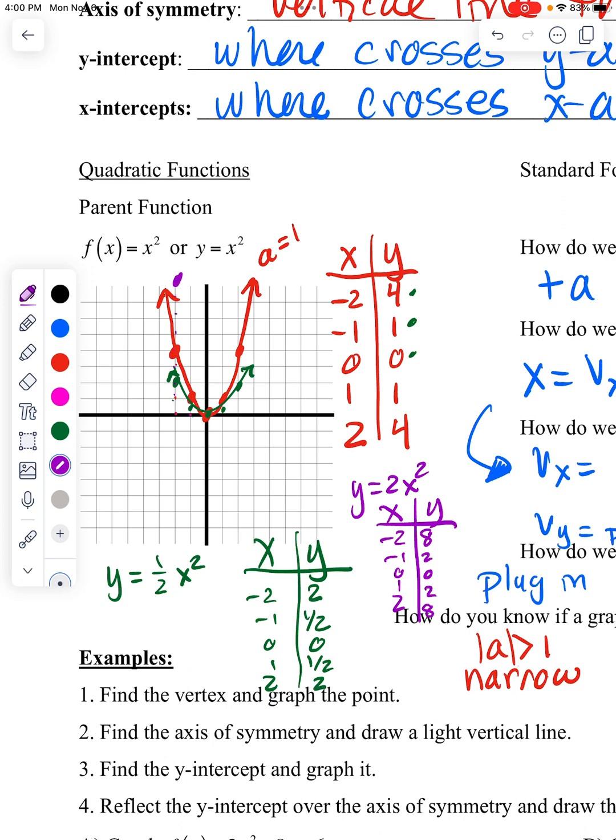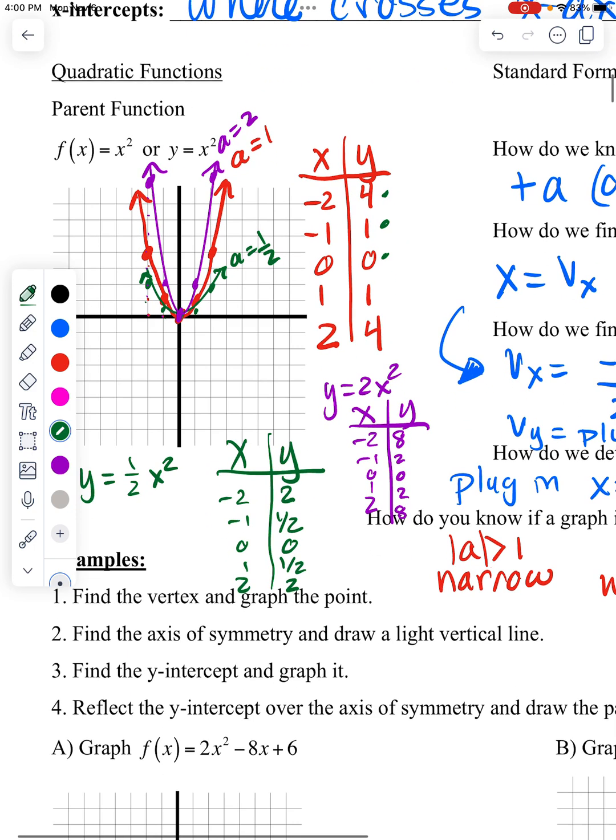At -1, I'm up 2, 0, 0, 2, and then up here again. So in this case, if I connected my dots, I would have a parabola that is taller and skinnier because it got steeper faster, because a was greater than 1, and this other guy was wide and did not go up as fast because its a value was less than 1. And if it was negative, then it would just flip over.